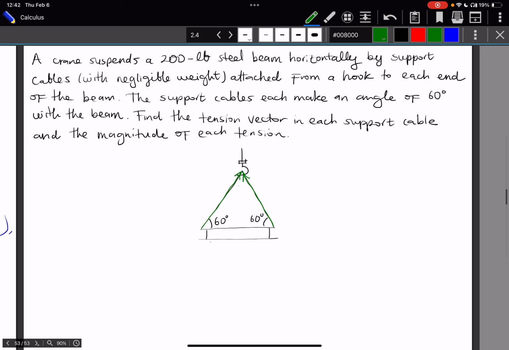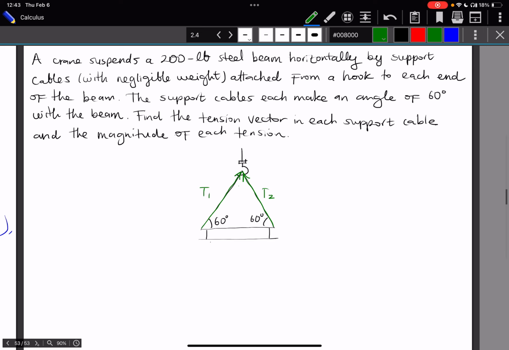And those vectors are pointing upwards because the force tries to keep the beam from falling. So it's going opposite to falling. And then, so we're going to call those vectors T1 and T2.